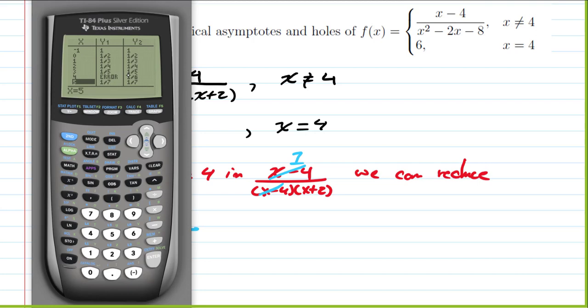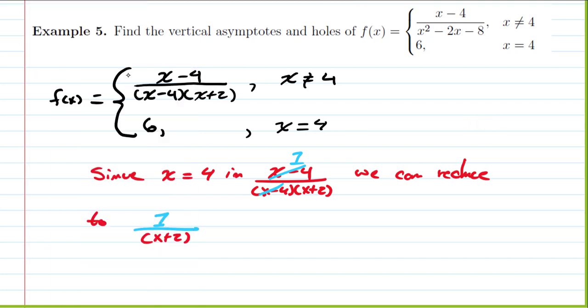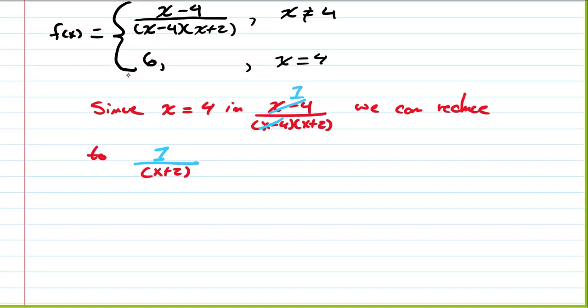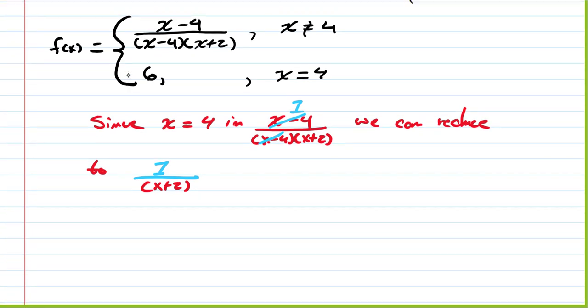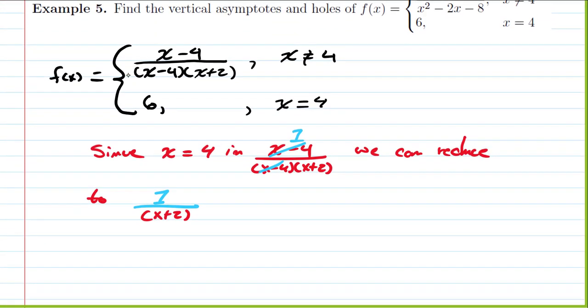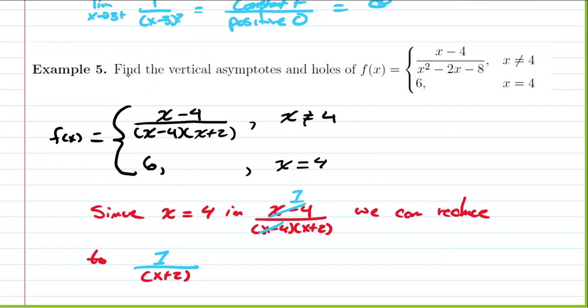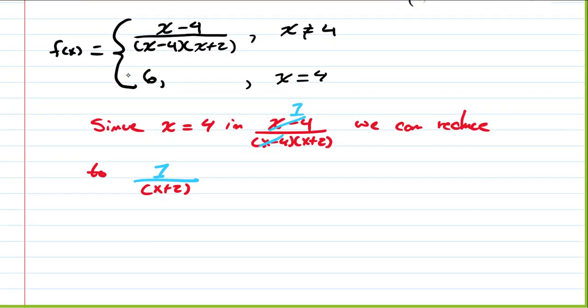Okay, so now we know what this is going to be, so we could draw a graph of this function. So where is this guy going to have a vertical asymptote? Well, where do we divide by 0?